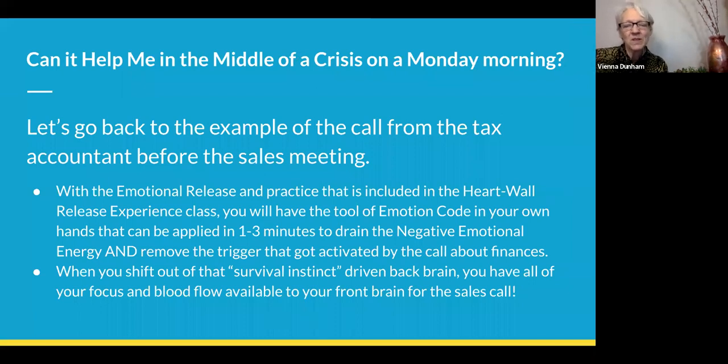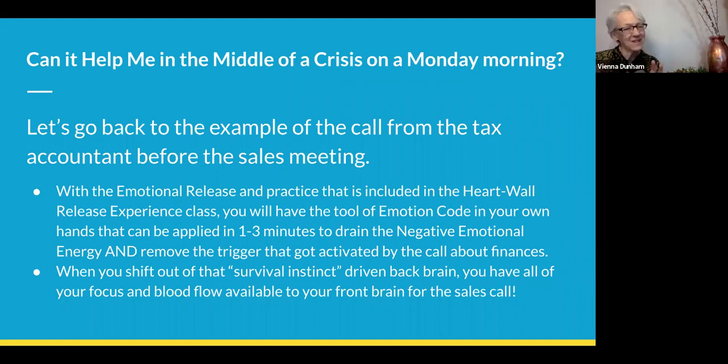With the emotional release and practice that's included in the heart wall release experience class, we're going to give the tool of emotion code so that you'd have a tool in your hands that could be applied in 1 to 3 minutes to drain the negative emotional energy out of a situation and remove the trigger that originally caused that to flag.